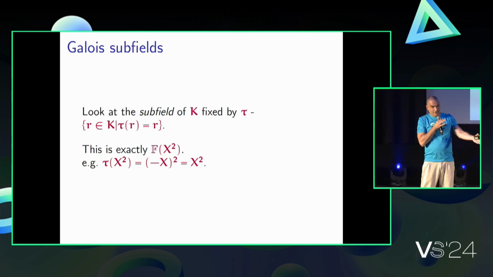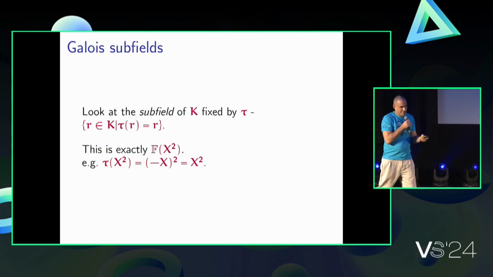For example, if we apply tau on the function x squared, it changes the x to minus x and then does the squaring, so we get back to x squared.